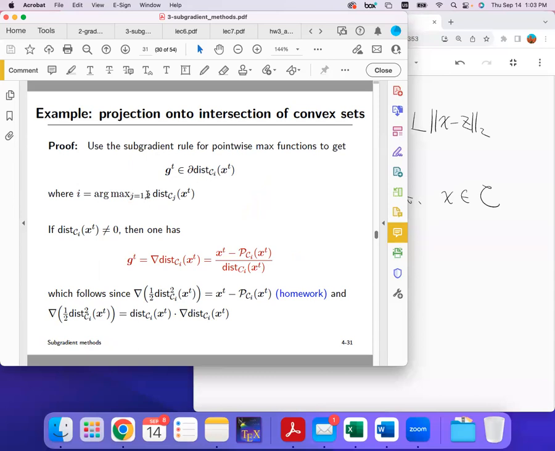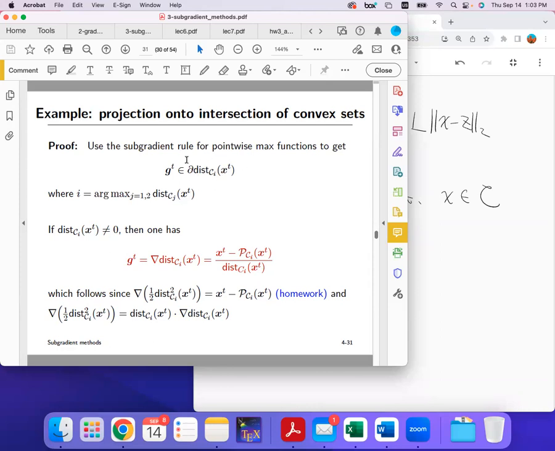Well, this i is the distance that achieves the maximum among the two. So this i is the activated distance function. Take this activated function and consider its subdifferential.